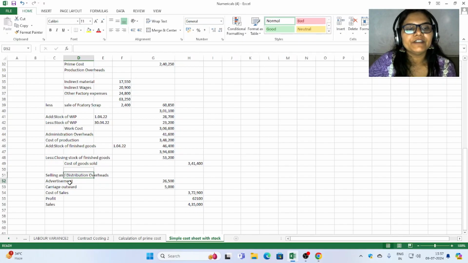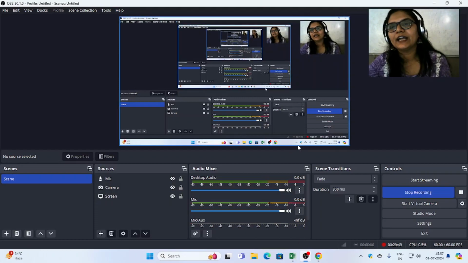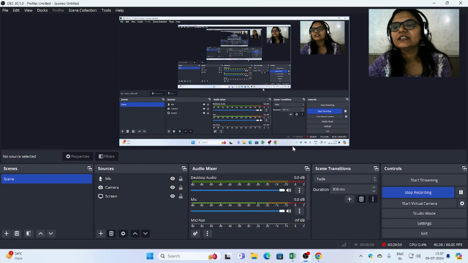And each and every cost has a certain specified heading, like you have to record all kinds of administrative expenses in your administration and selling overheads. So these are predetermined rules which need to be followed while preparing the cost sheet, and these predetermined rules always help in the perfect preparation of a cost sheet.